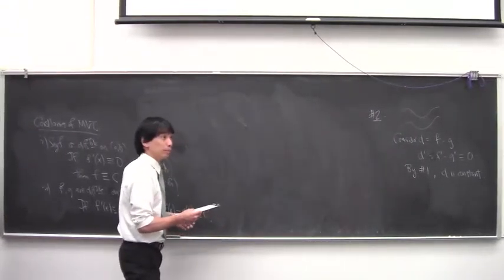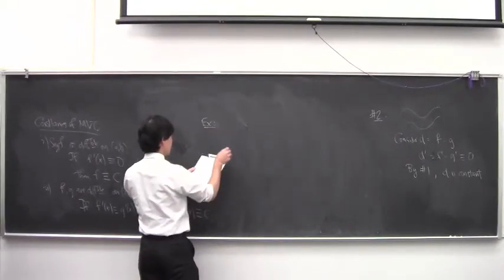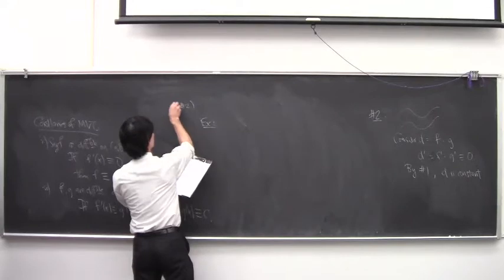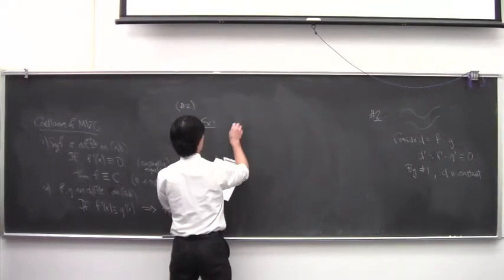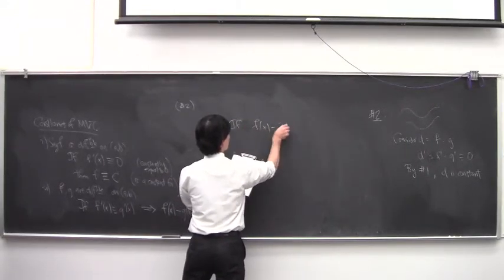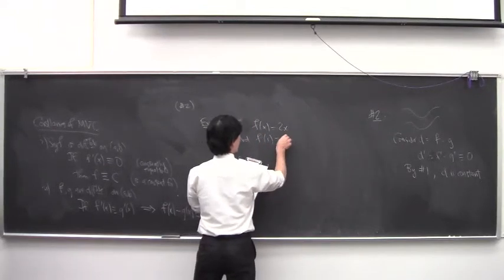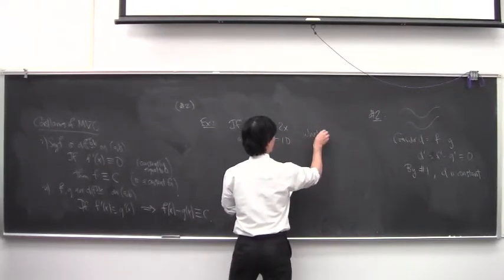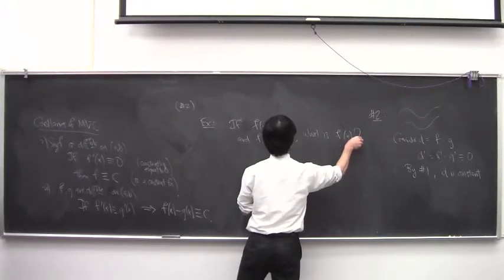But let me do the important example. So this is using corollary number 2. If f prime of x equals 2x and f of 1 equals 10, what is f of x?